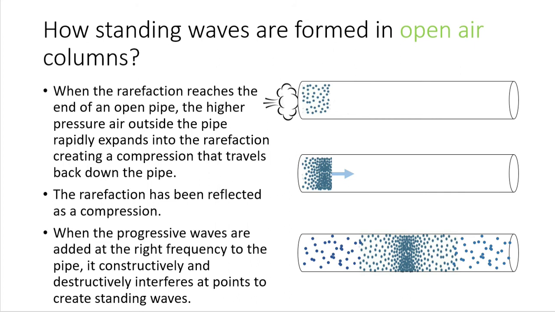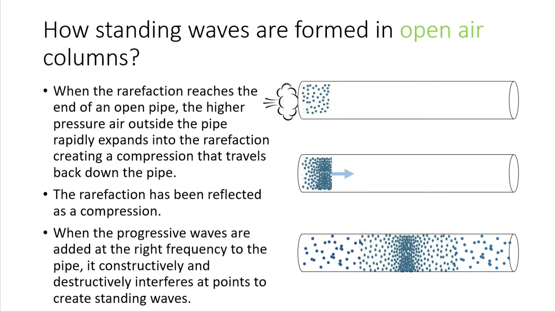But anyway, as that rarefaction gets to the open end, the medium pressure air from the outside rushes in and fills that low pressure rarefaction. It creates another compression wave, and it starts heading back down, and the cycle continues on. High compression dissipates into the environment, and the rarefaction phase is shot back.